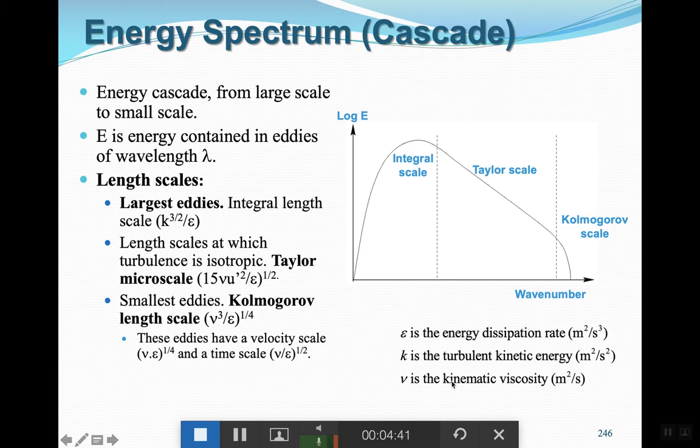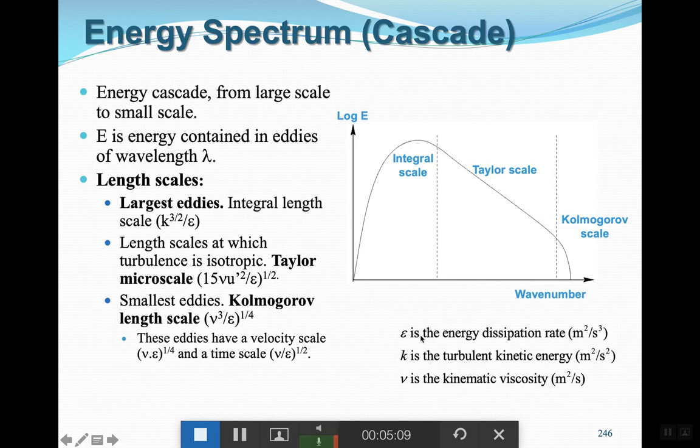One is called kinematic viscosity, which you know, which is the inverse of viscosity, right? Density over viscosity, right? Viscosity over density, which is called kinematic viscosity. Then you have K, which is the turbulent kinetic energy. K is the amount of energy you are supplying to the system. So that's your turbulent kinetic energy.